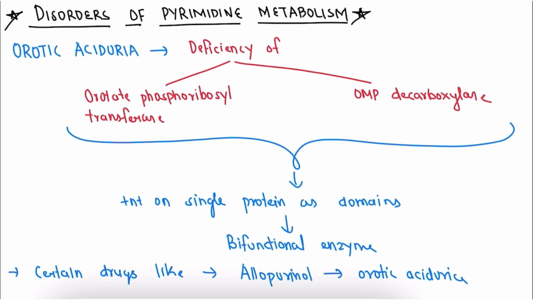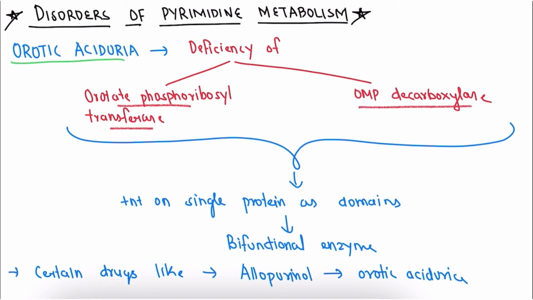Now coming to the disorders of pyrimidine metabolism, this is an important topic. You have to just remember orotic aciduria. This orotic aciduria is because of deficiency of two enzymes that I have already told you, which are very important, that is orotate phosphoribosyl transferase and OMP decarboxylase.